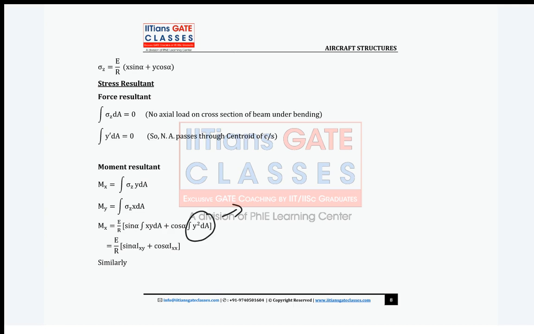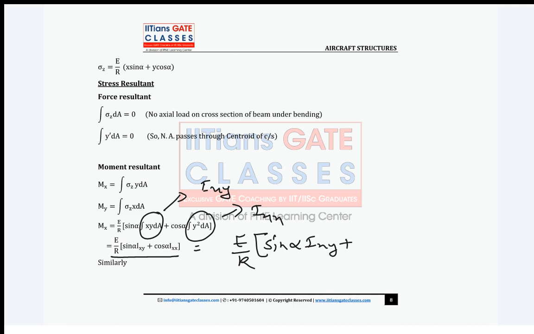Integration y square dA is what? It is Ixx, exactly. And what is the integration xy dA? It is Ixy, right? So this equation is E by r, which is constant, I can take it out, then sin alpha into Ixy plus cos alpha into Ixx.